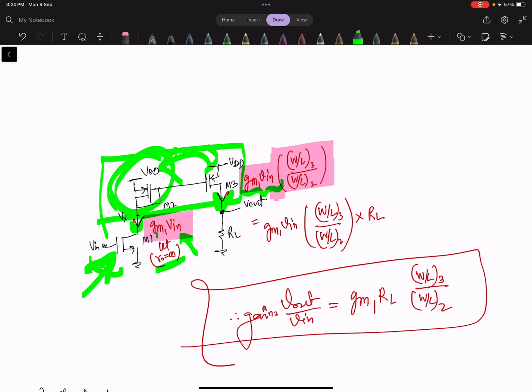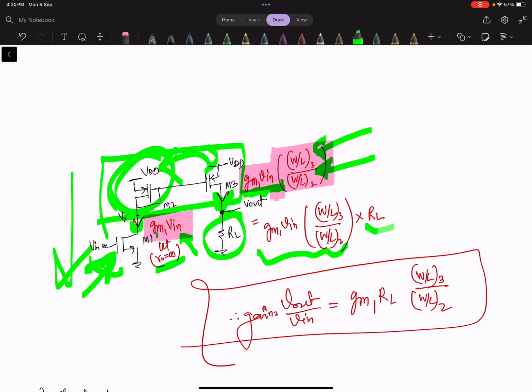So whatever the current in this branch, gm1 V in multiplied by W/L of 3 by W/L of 2, this is the current, and the V out will be defined by the current multiplied by resistance. So V out by V in is simply calculated through the current in this branch multiplied by resistance.